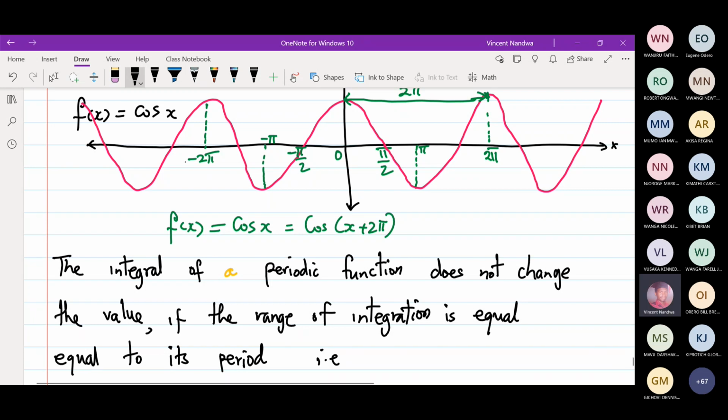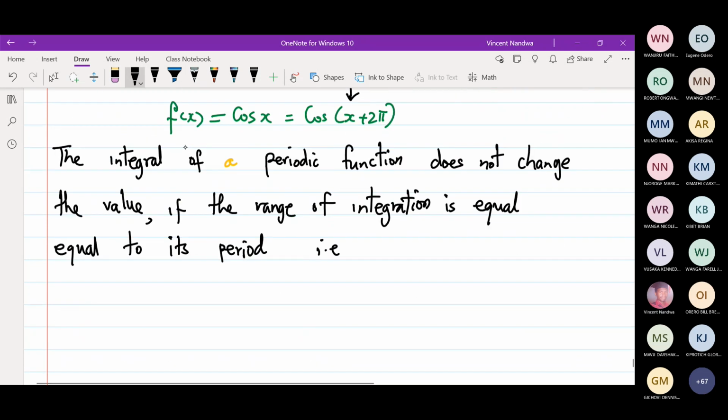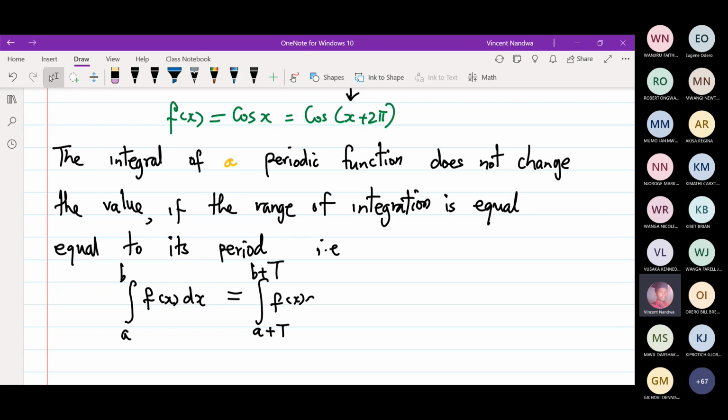So this is to say that if I integrate from a to b of a periodic function f of x with respect to x, it is the same as the integral from a plus T to b plus T of the same function f of x dx.